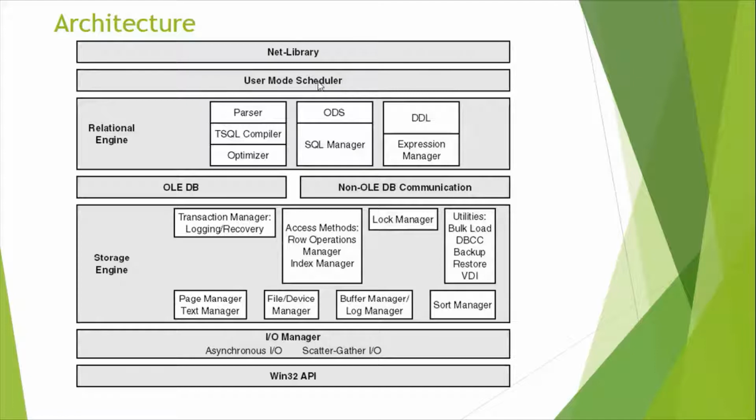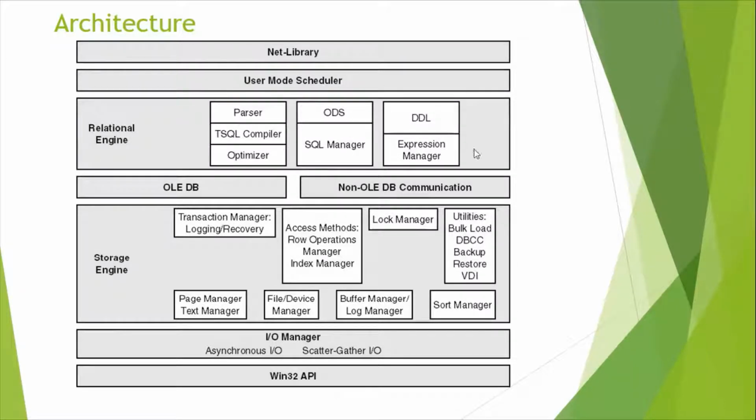We have a detailed session on how this works and why we call it a user mode scheduler, so we will discuss that later. For now, understand this is SQL OS, where the threads are scheduled on the operating system. Don't worry about it.